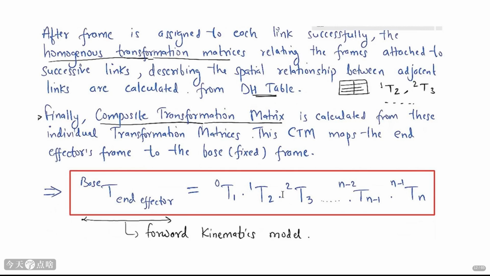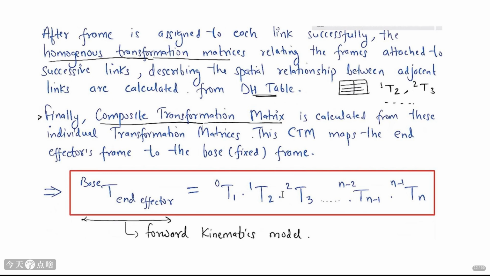Once we've assigned frames and identified the DH parameters for all the joints, the next step is to calculate the homogeneous transformation matrices. Each matrix, say T sub i to the power of i minus 1, represents the transformation from the frame attached to link i minus 1 to the frame attached to link i. This matrix is built using the four DH parameters for that joint. After calculating these individual transformation matrices, we multiply them together in sequence.